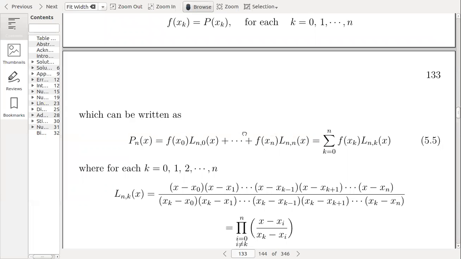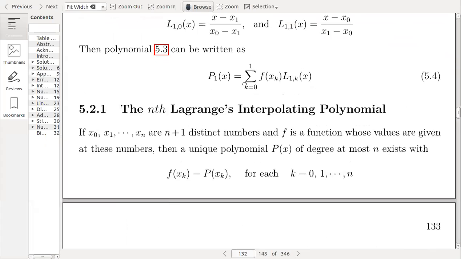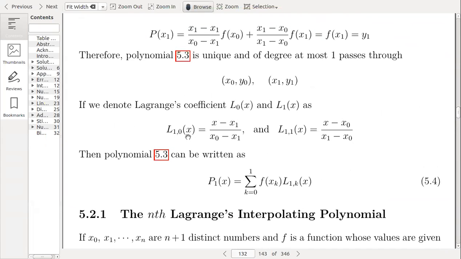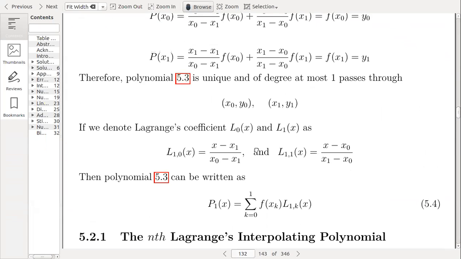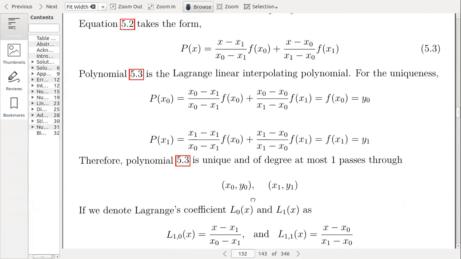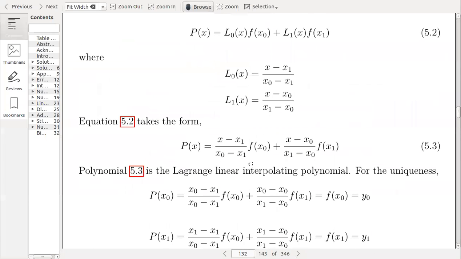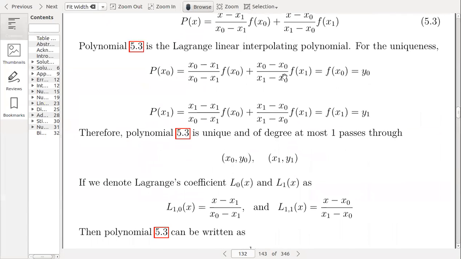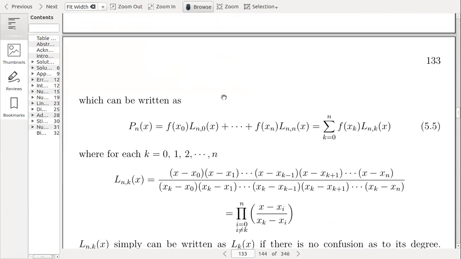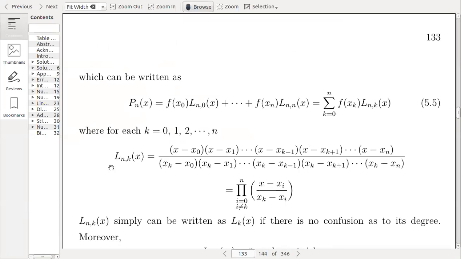So now we can generalize these coefficients, you see. L10 of x is x minus x1 over x0 minus x1, or you can say we can generalize these coefficients L0 of x as x minus x1 over x0 minus x1 up to nth order. So how can we generalize? If we have Lnk of x, we will have x minus x0, x minus x1, up to x minus x(k minus 1), x minus x(k plus 1).